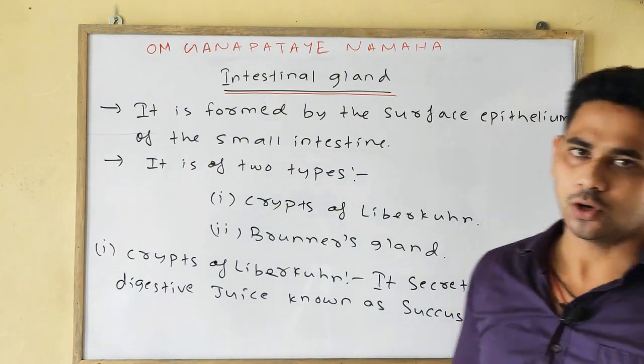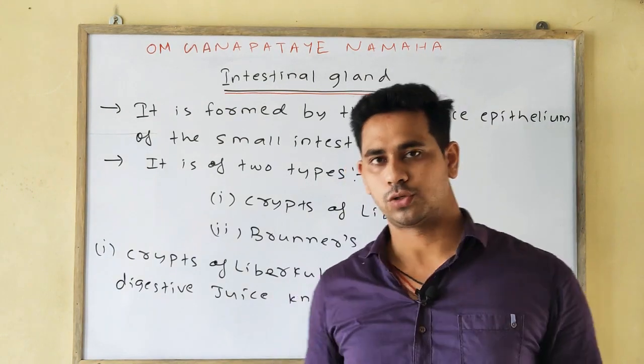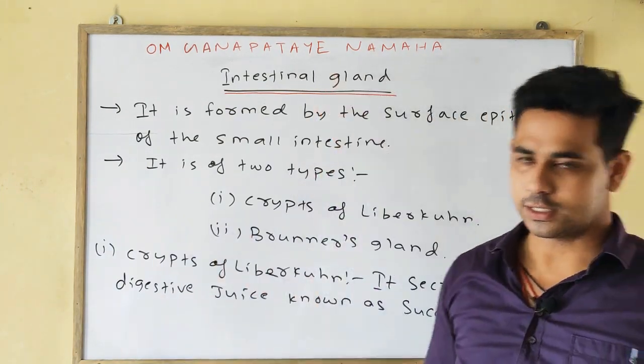Succus entericus is also known as the intestinal juice secreted by the intestinal gland.